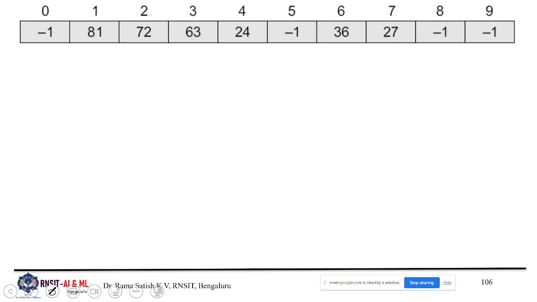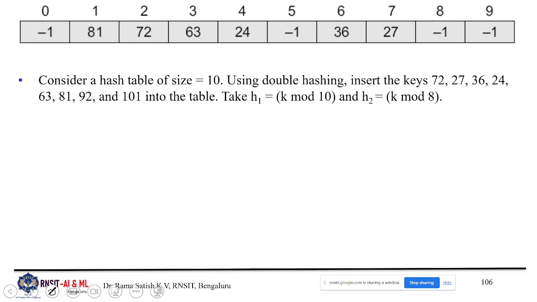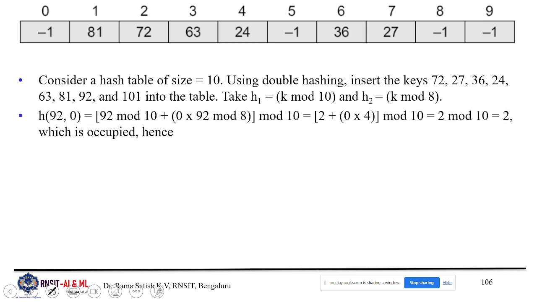Now this is the hash table status that we have taken from the previous slide. So now we have to insert 92. Definitely for 92 we get the value 2, index number 2, which is already occupied by 72.